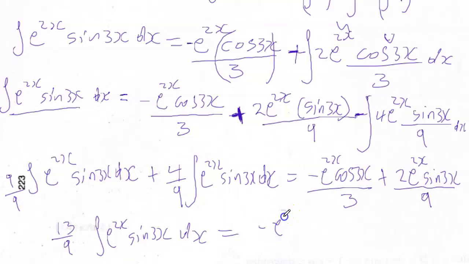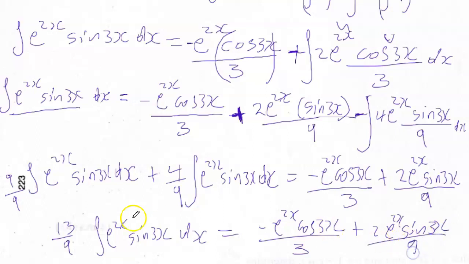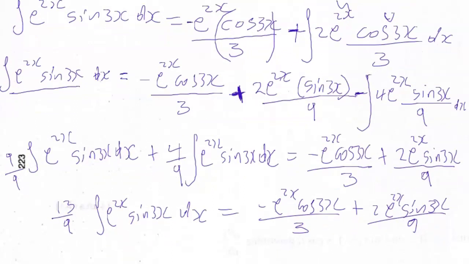Just restating these. Of course now to get rid of the 13 over 9, we can multiply both sides by the reciprocal, which is 9 over 13. So I'm going to multiply both sides by 9 over 13.